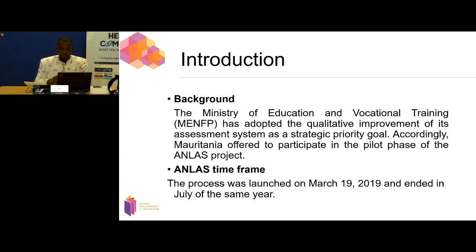So it was an opportunity for Mauritania to use the results of this project in order to feed in the sector plan for education 2021-2030. So that was the principal motivation for Mauritania. The schedule for implementation of the pilot went from March 2019 to July.